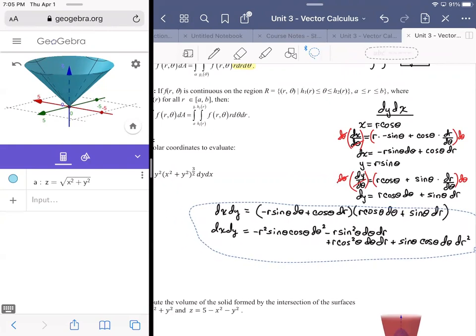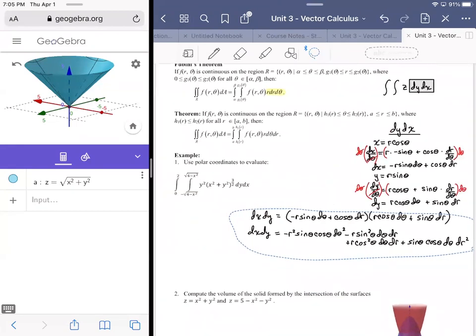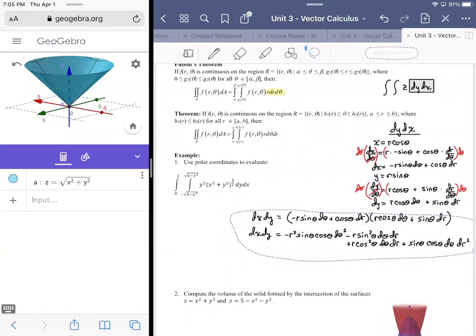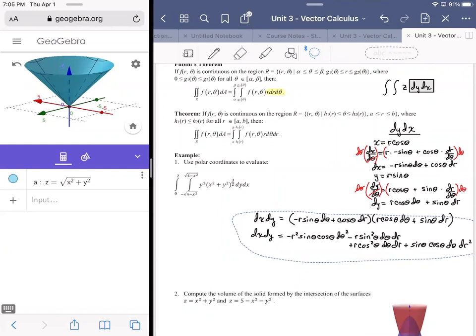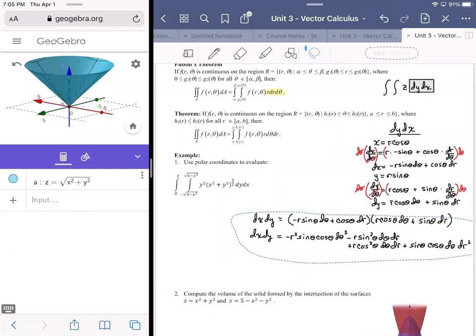Now I can move it over. All right, so we have some common factors, some things that could be put together.